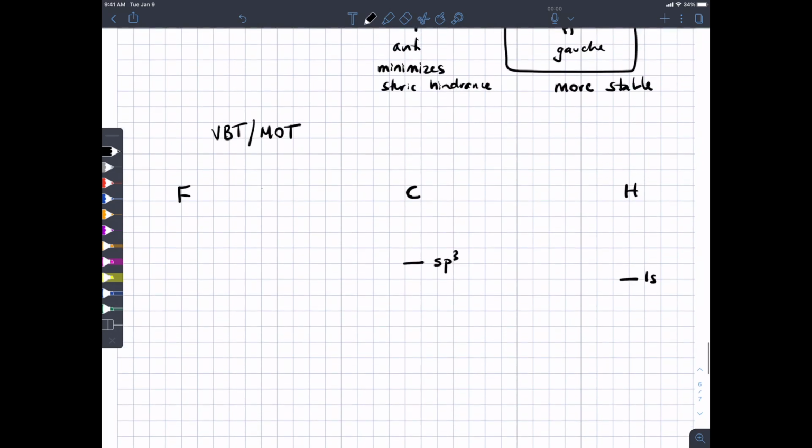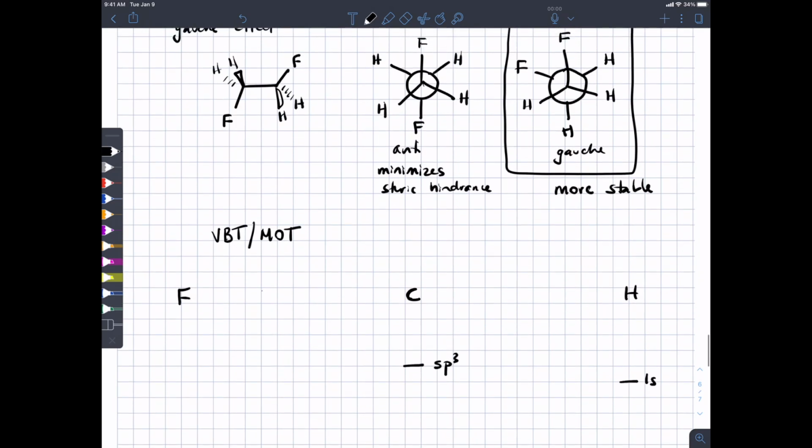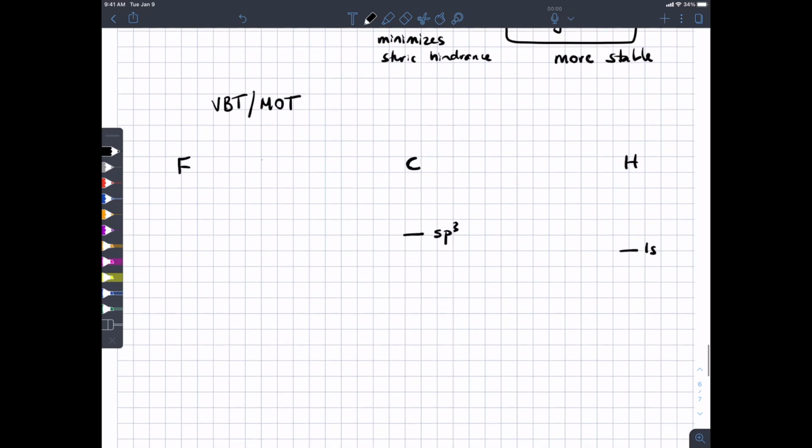The orbital that contributes to a bond on fluorine should be one of the two p orbitals. Now, here's the trick. Where should that fluorine p orbital be in relation to the carbon sp3? Probably lower because fluorine's more electronegative.